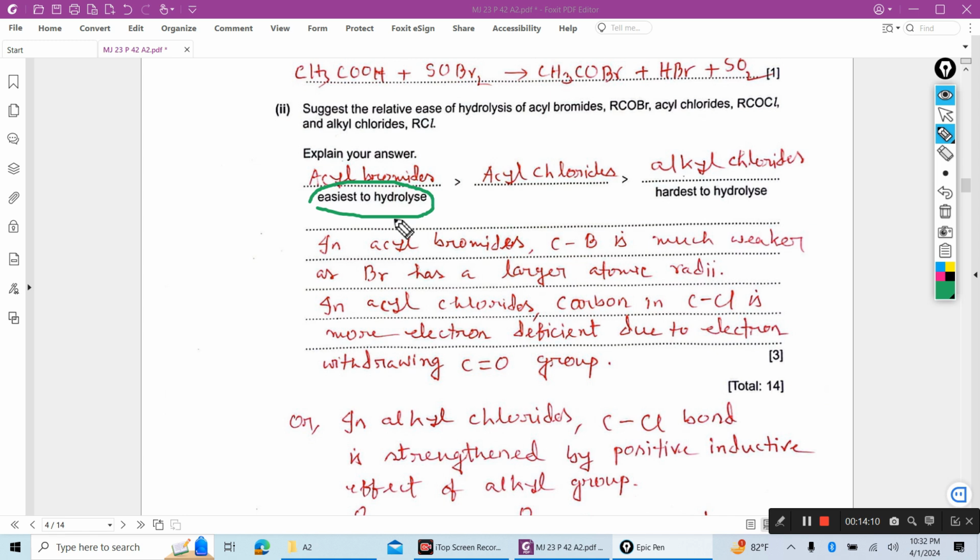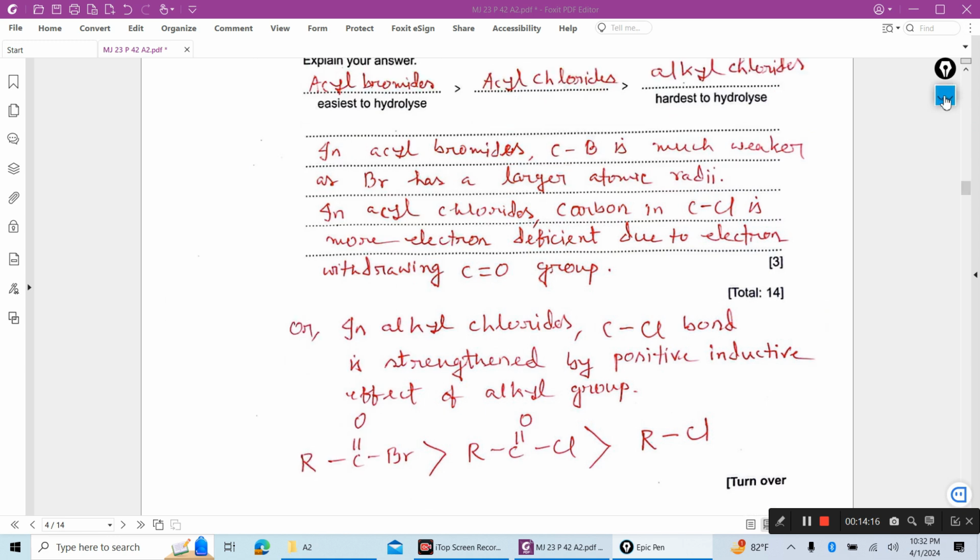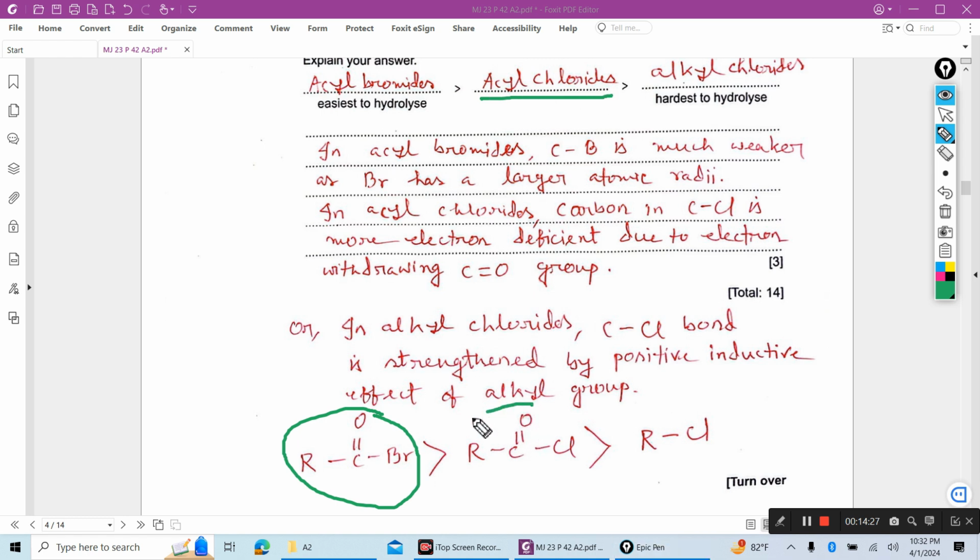Easiest to hydrolyze is acyl bromide. This hydrolysis will be the easiest. Then acyl chloride RCOCl, then alkyl chloride RCl.